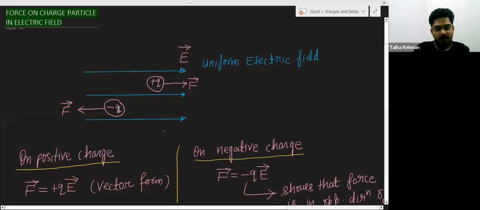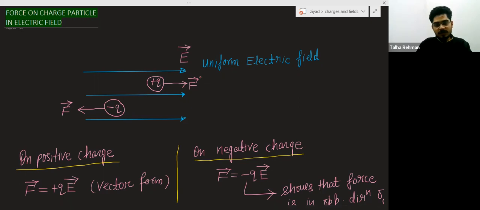So on a negative charge, the force will be in the opposite direction of the electric field. On a positive charge, the force will be in the direction of the electric field. And this is the case of a uniform electric field. What is the magnitude of the force? The magnitude will be the charge into the electric field.